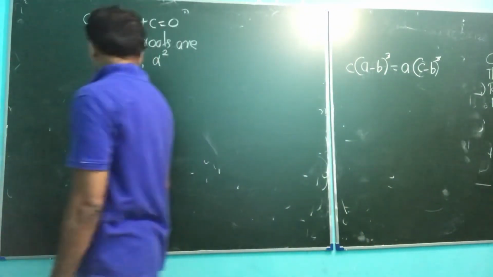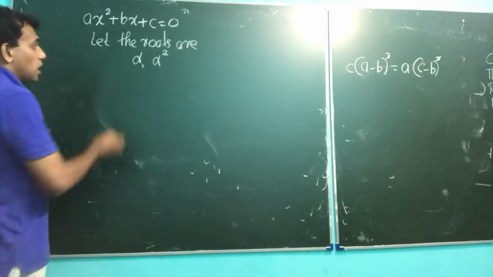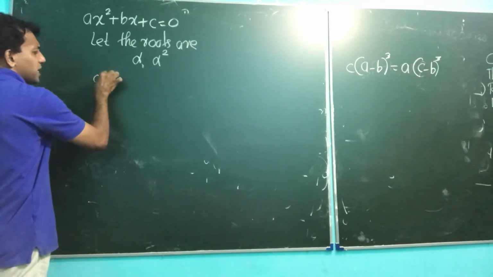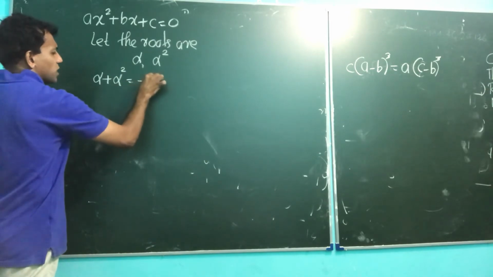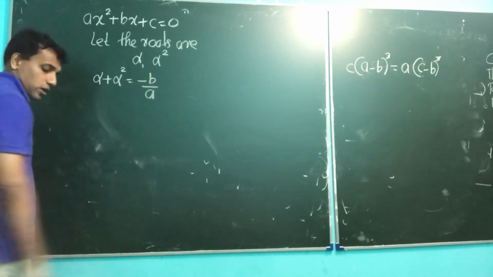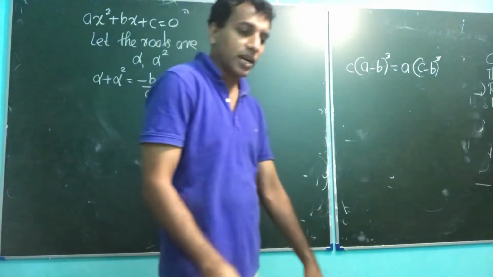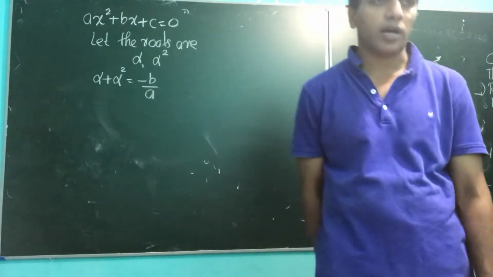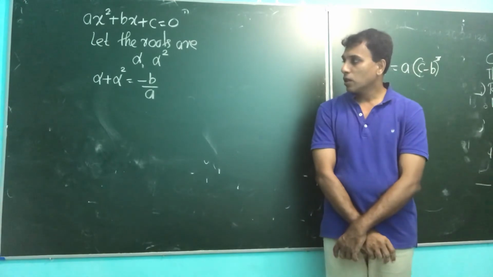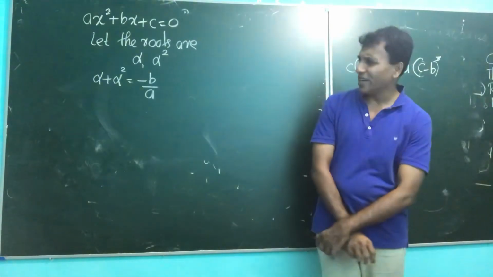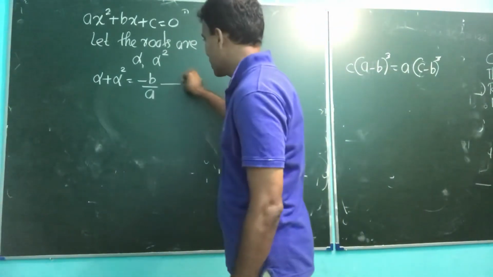So at the very first, the sum of the roots, alpha plus beta, equal to minus b over a. Here, not beta but alpha square, equal to minus b over a. That's the first equation.